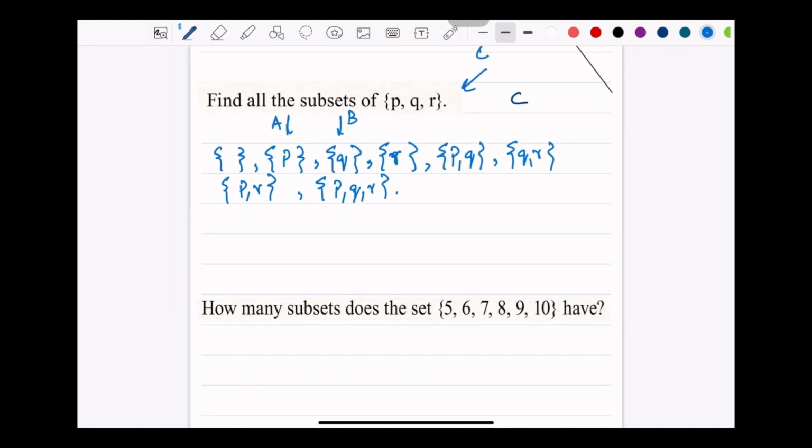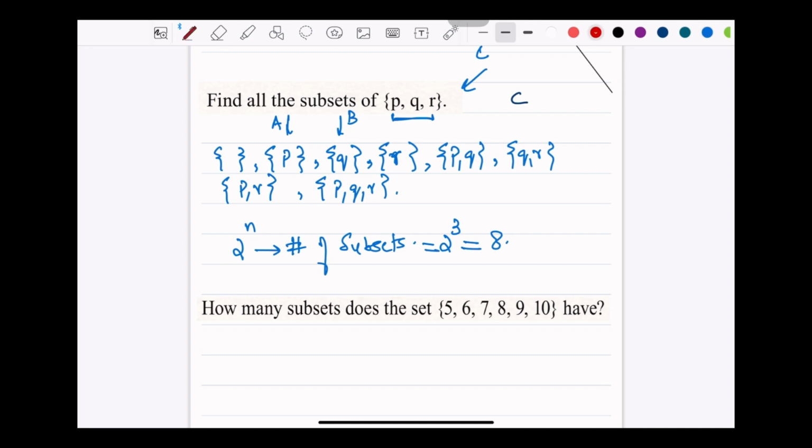Now, if someone asks you how many subsets, without writing them down, so you just need to find the number of sets. If you see, these were 8 sets. So 2 to the power n will tell you the number of subsets, where n is the number of elements in the set. So it's going to be 2 to the power of 3, which is 8.